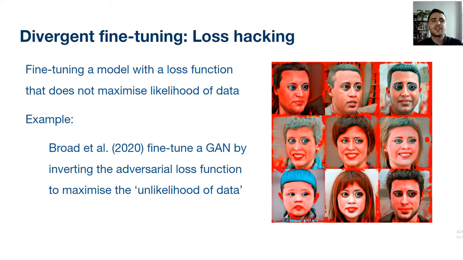So instead of the generator maximizing the likelihood of generating data that the discriminator would think is real, we turned it around. Inverting it, we suddenly are maximizing the unlikelihood of the data, or what the discriminator would predict as being fake. And as you can see, we get these very uncanny images.